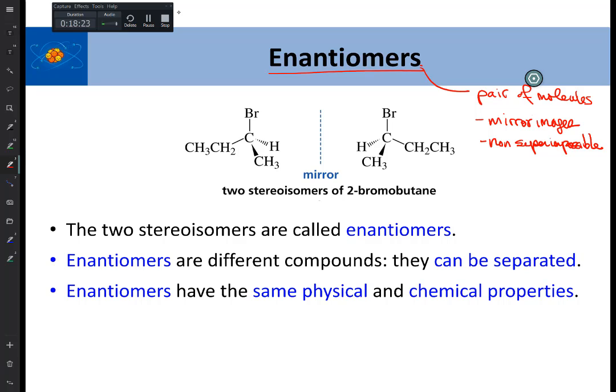If they're superimposable, if anything is superimposable, it's just the same. You can have 2 molecules and if they're superimposable, that just means they're the same molecules of the same substance.